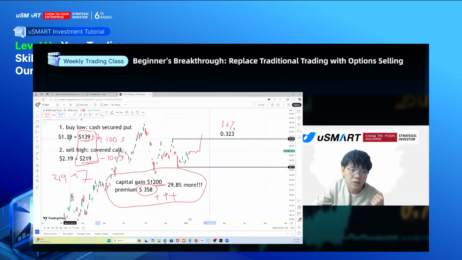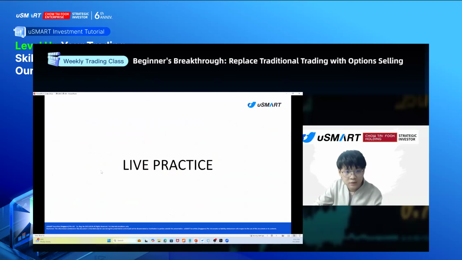This 139 is the latest price that they traded, and it will affect the premium that you will get eventually. And that is all for today's sections.